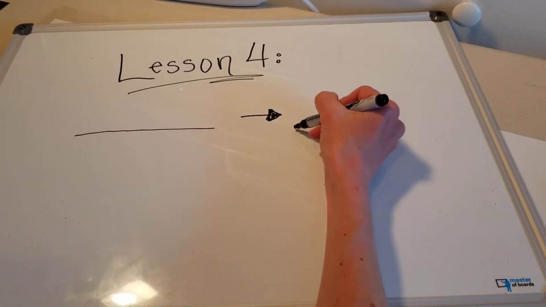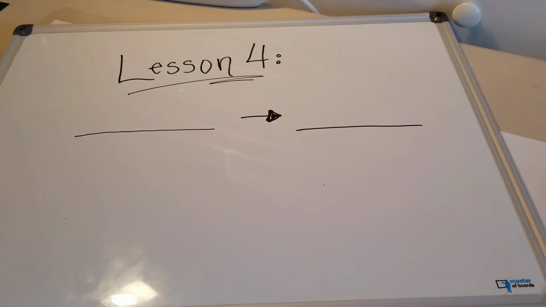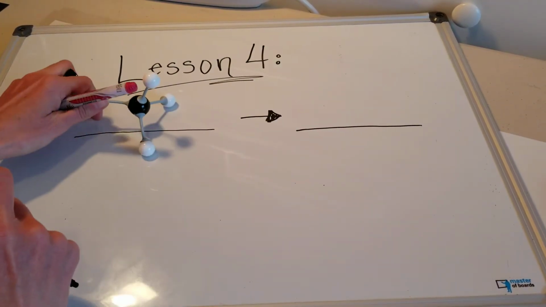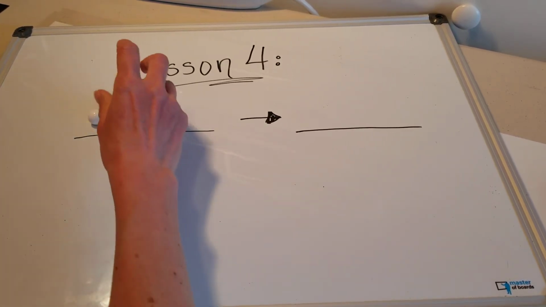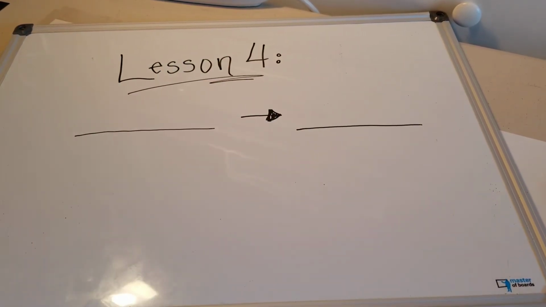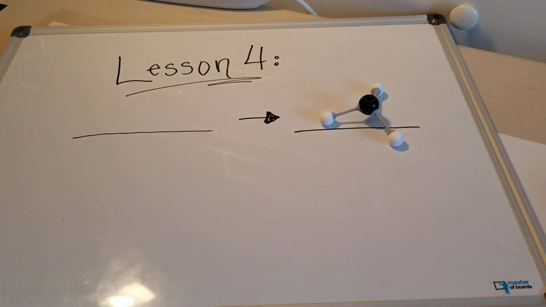And then we end up with something new. So in this case, our atom here would have been on this side is what we started with. Something happens, in this case, my hand ripping the bond off, and we end with something different than what we started with.